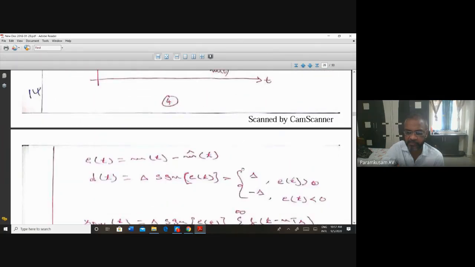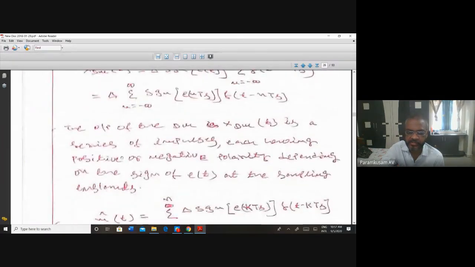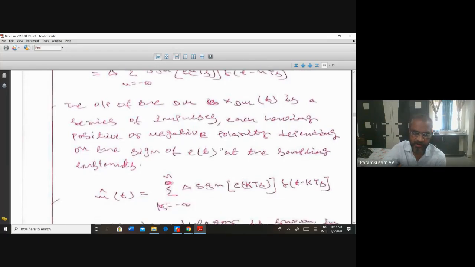Those impulses may be positive or negative, each having positive or negative polarity depending on the sign of the E of t.